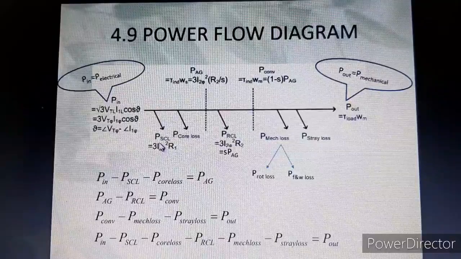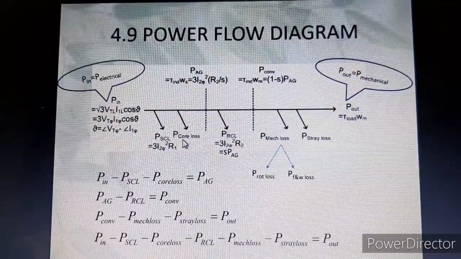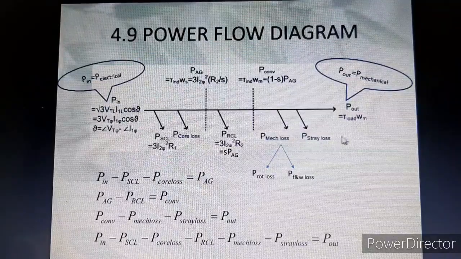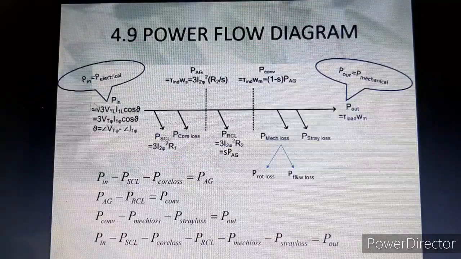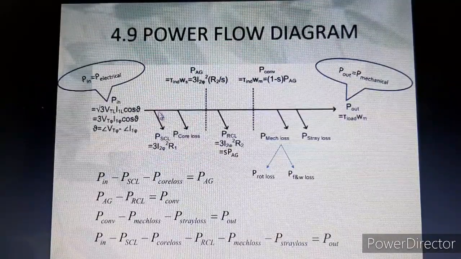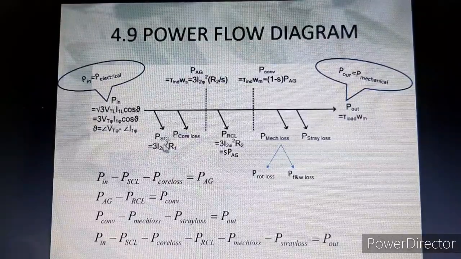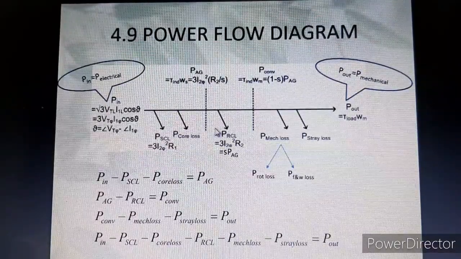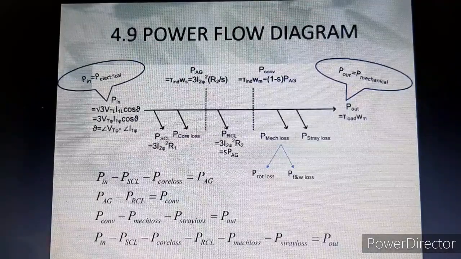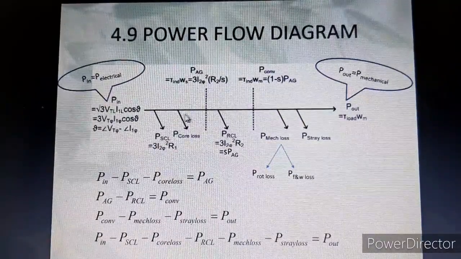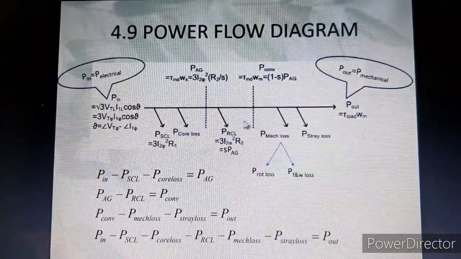Why do we start with stator and core and end up with rotor towards the output? Because your input electrical power is injected into the stator, and our mechanical power is produced on the rotor. That's why stator is at the input and rotor at the output.